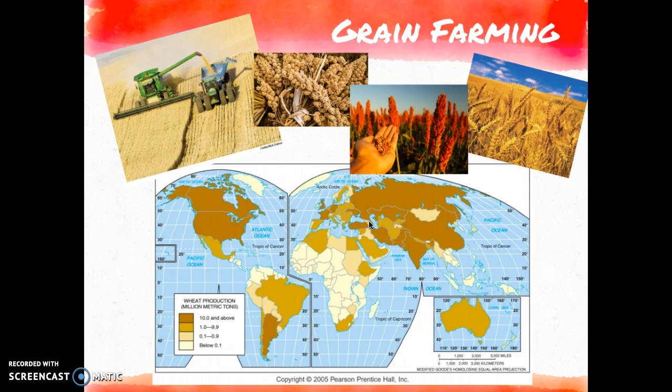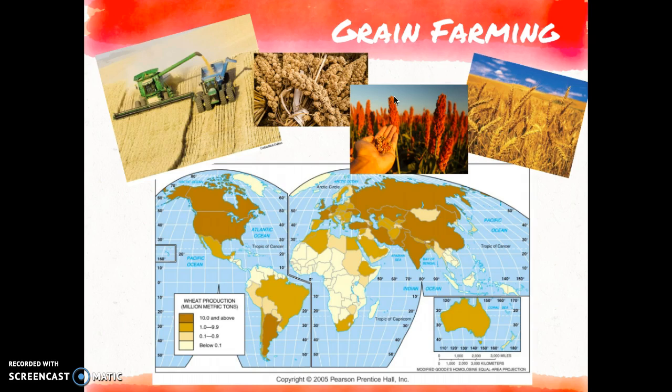However, it is definitely commercialized. We see mass planting and harvesting of things like wheat, barley, and millet. And I just want to point out, this is what millet looks like here, and then this right here is sorghum. So those are also grain products. These fields take up an enormous amount of space, and remember, they can be used in so many different products.